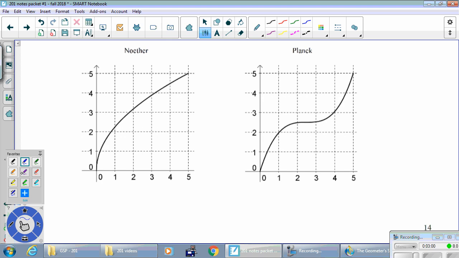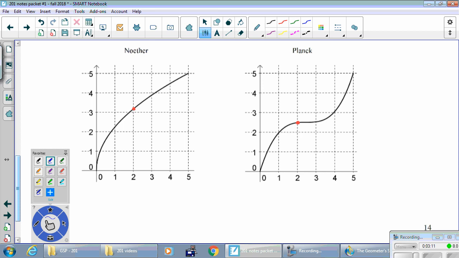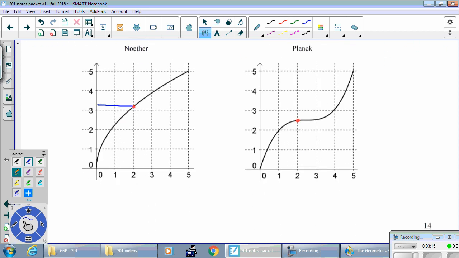Okay, same deal for Noether and Planck. Let's do them real quick. So 2 hours in here and 2 hours in here. And so then again, we need to estimate these numbers. So let's estimate here, maybe 3.2-ish. And here, looks like about in the middle, 2.5. It's okay if you don't have exactly the same numbers as me.